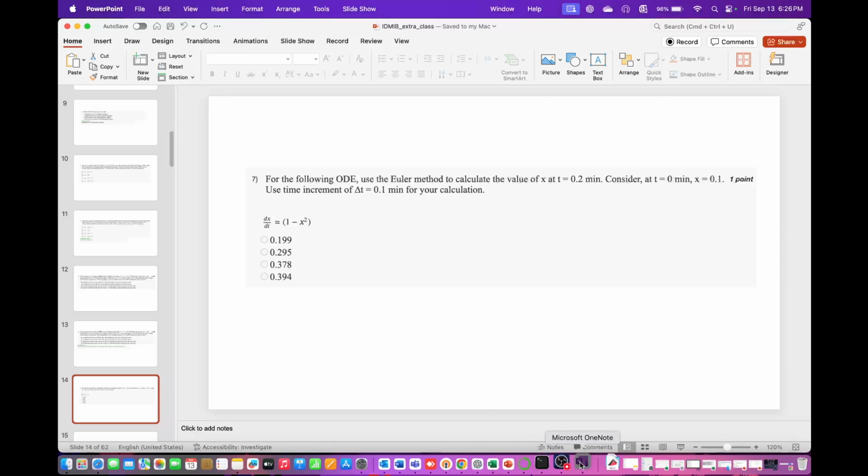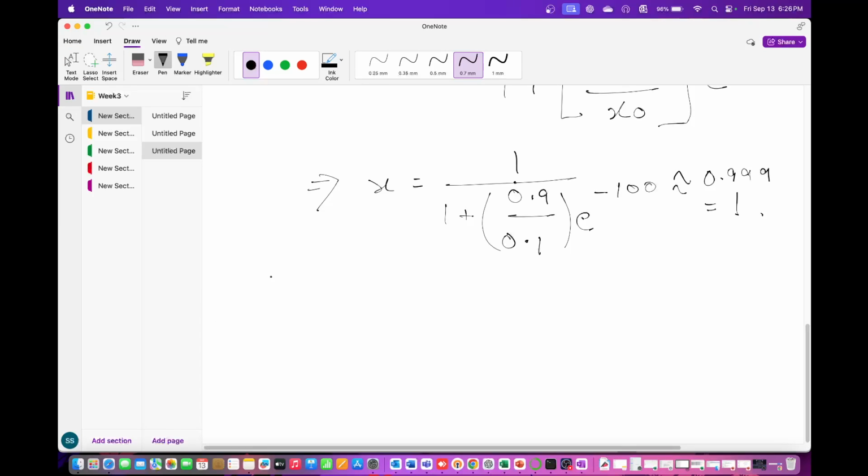So let's try to solve this using the Euler method. So dx dt is given as 1 minus x square.